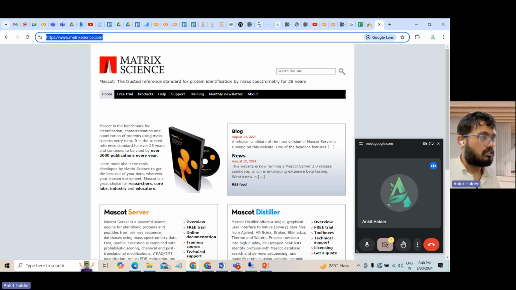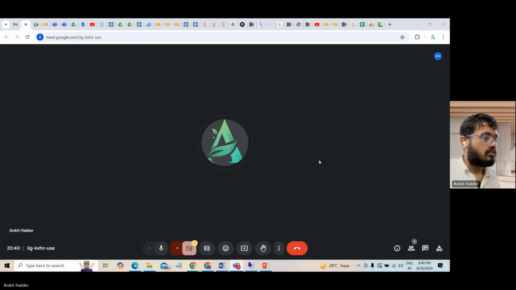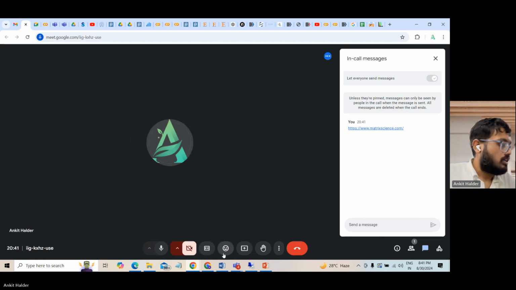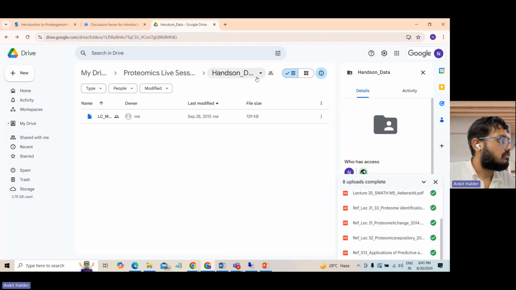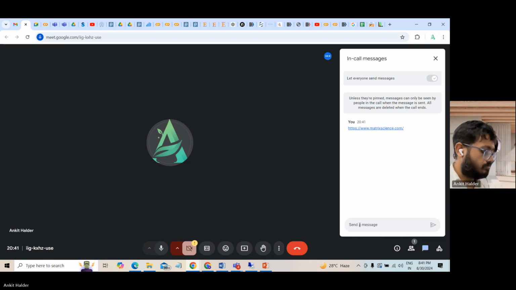Yes, so this is a web server, a simple to use tool where we can use this. And also I had given you this particular data set.